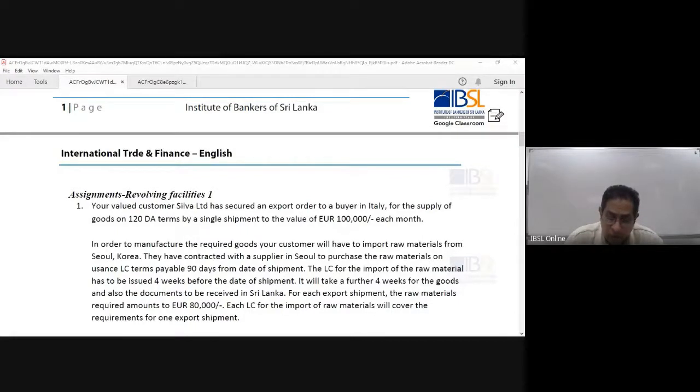And if you go through carefully, A3 in CFR and CIF, in both Incoterms, the seller has to contract for carriage.